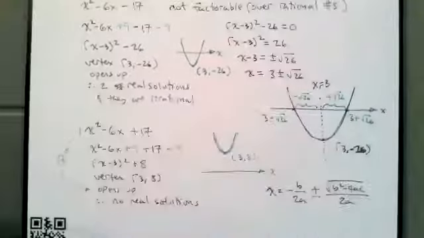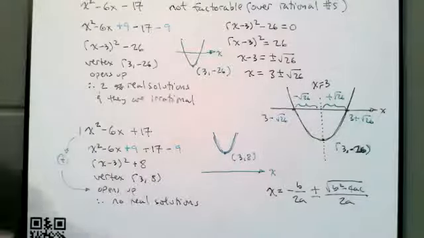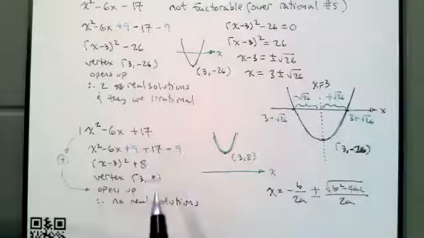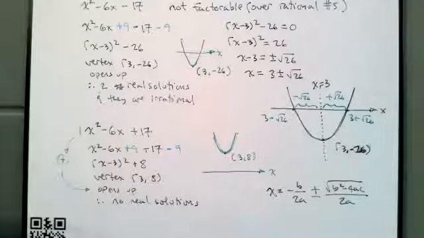So, some interesting polynomial stuff. We know that there are no real solutions when we had x squared minus 6x plus 17. Maybe we saw that right away: 17 was super obviously much more than a 9.